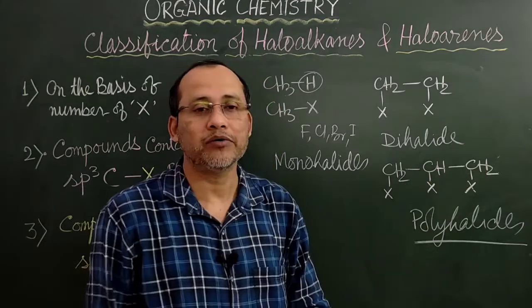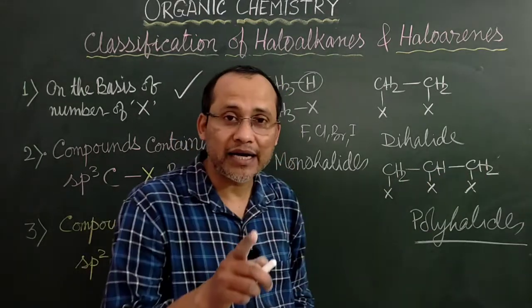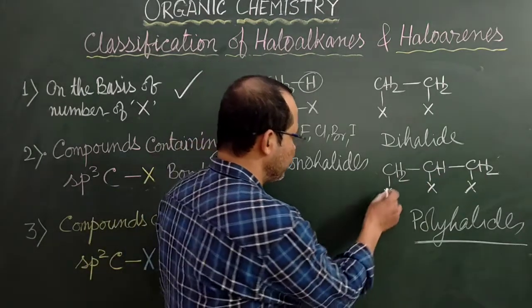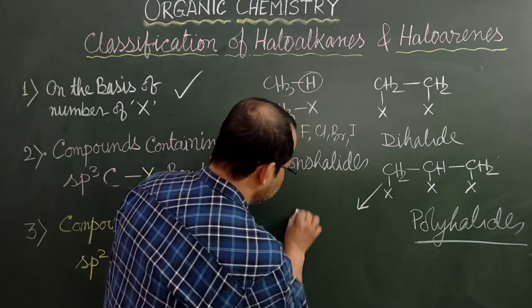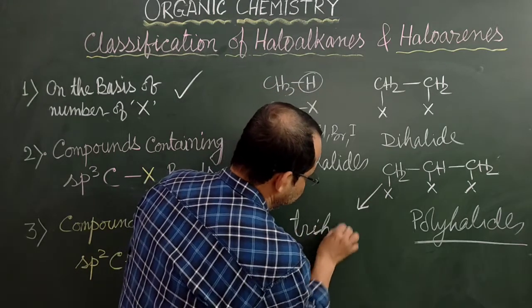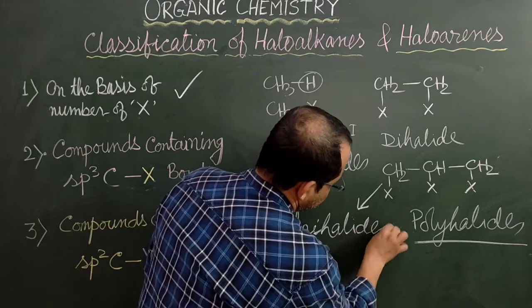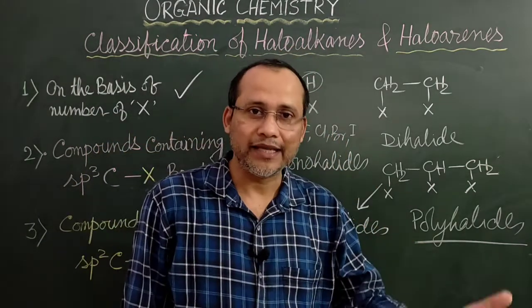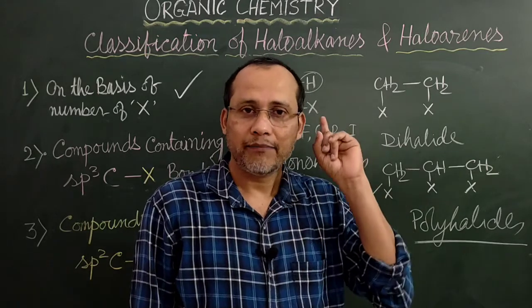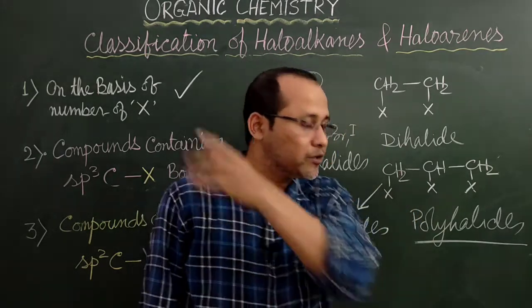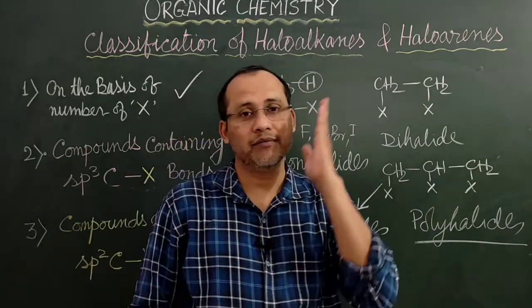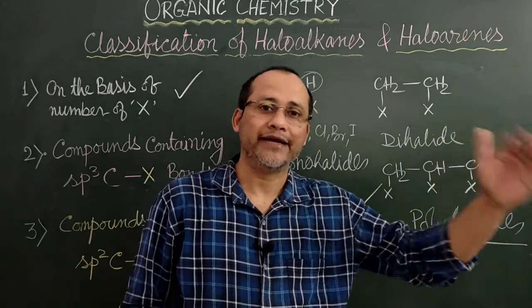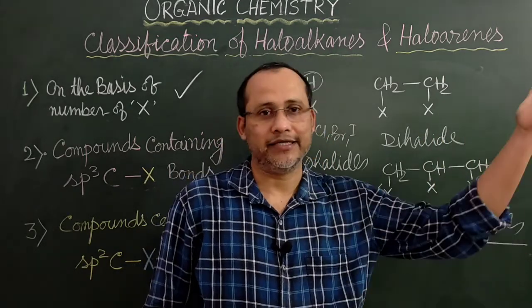So this type of compound will be termed trihalides. In this way we shall have three types of alkyl halides where the number of halogen atoms will differ, producing mono, di, and trihalides.